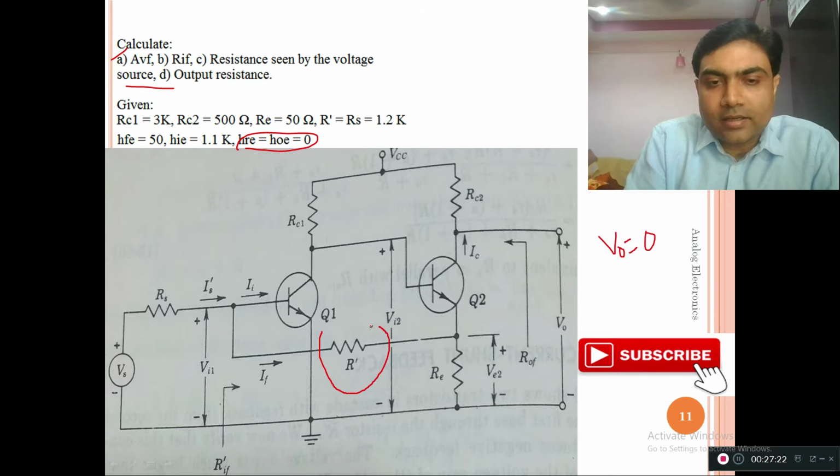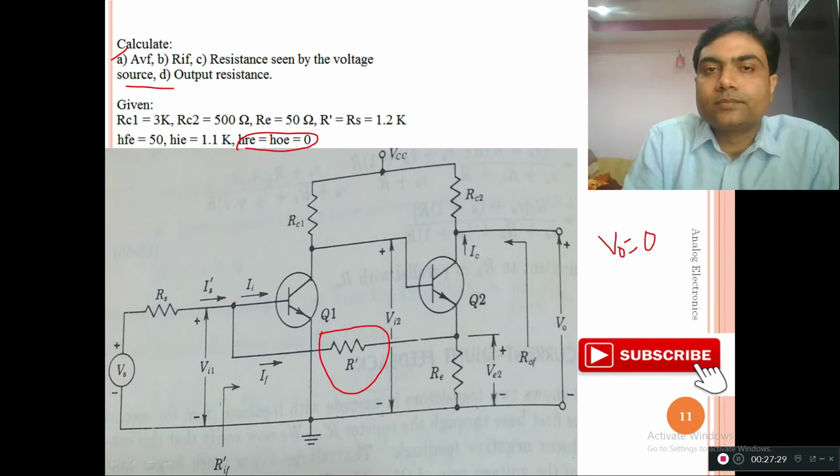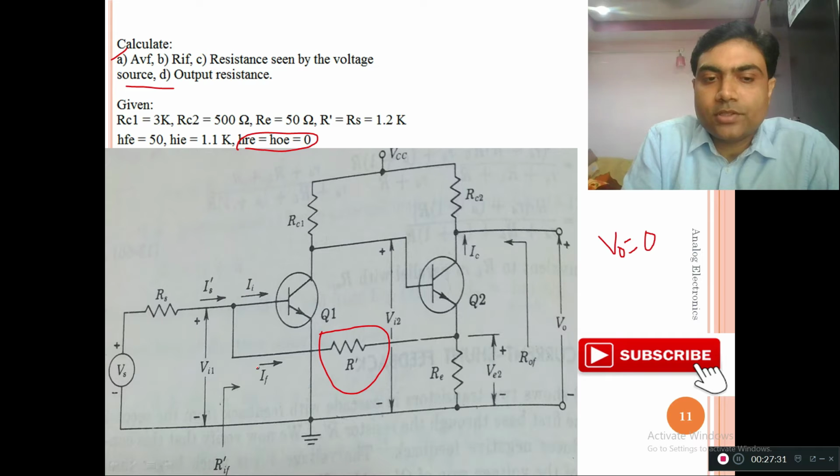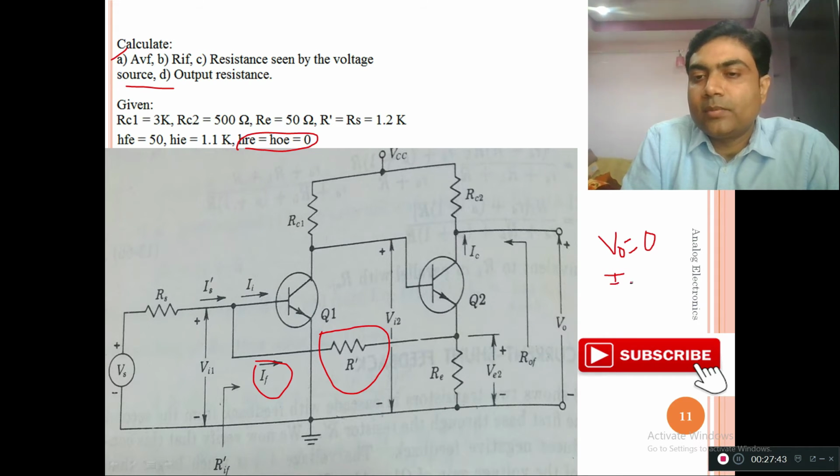This RS R dash is connecting the output of Q2 with the input of Q1, and this is IF, which has already been given. So this is the feedback path. If I make V naught equal to 0, is there any effect on the feedback current? No.